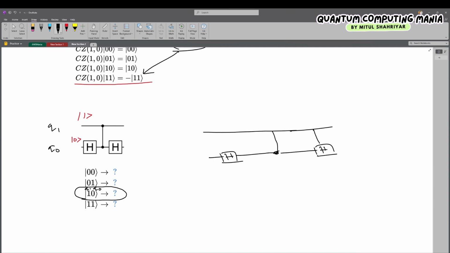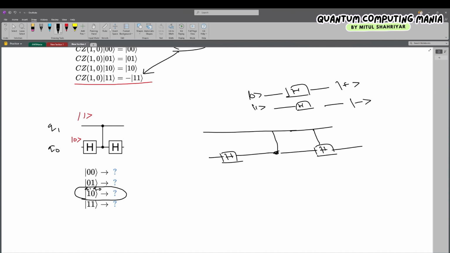Basically this is called Hadamard, and we know if we pass 0 through Hadamard, we get the plus or positive state. Okay, and if we pass 1, we get a negative, which is minus, and this has some value. You'll see that when we are practicing.